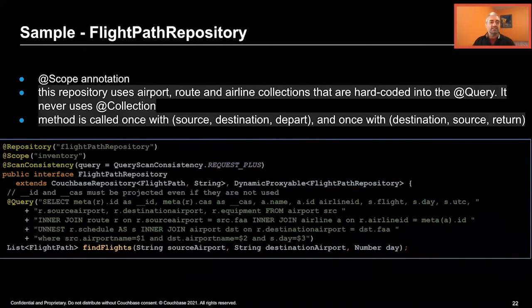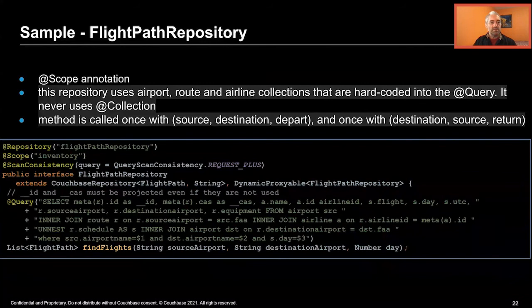I won't go into the technical part of this, but it does a join just like you do in a SQL database. And so when you're looking for flights, it does 2 lookups. One first going from the source to the destination, and the second one going from the destination to the source, your return flight.